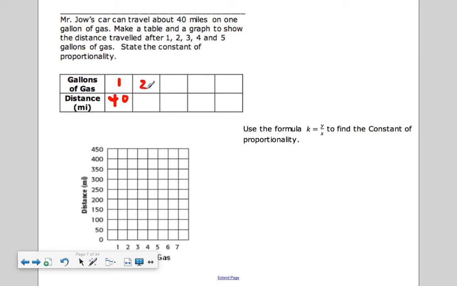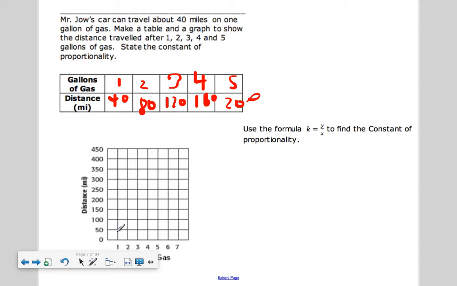So it's 2, 3, 4, and 5. With 2 gallons of gas, I can go 80. With 3 gallons of gas, I can go 120. With 4 gallons of gas, 160. Of course, we're talking about if it's the same rate. And 200 miles for 5 gallons.